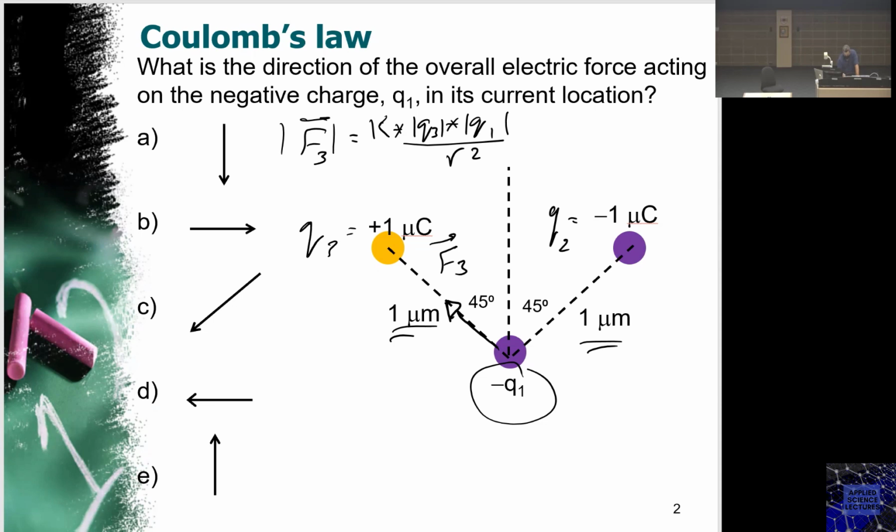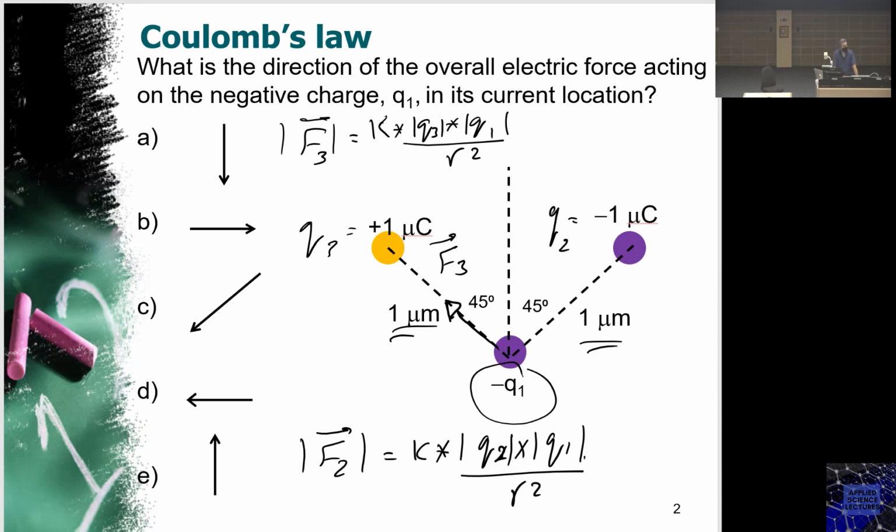Now for F2, the magnitude would be K times Q2 times Q1 divided by R squared.